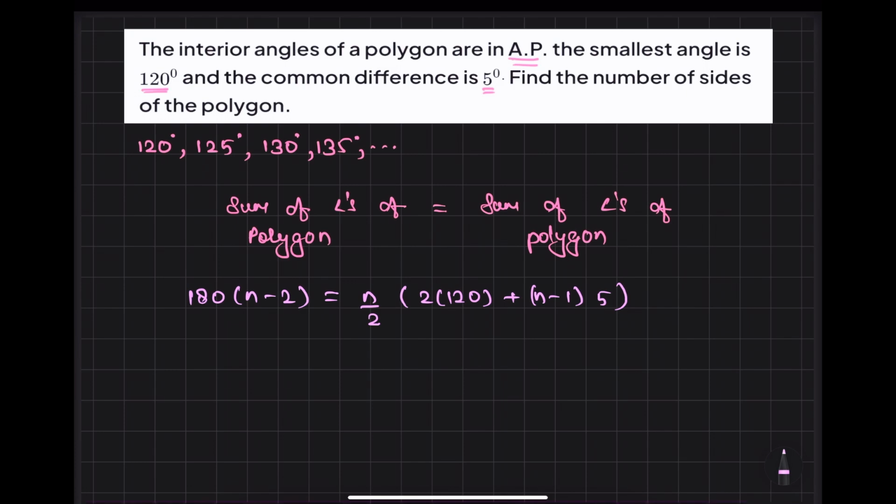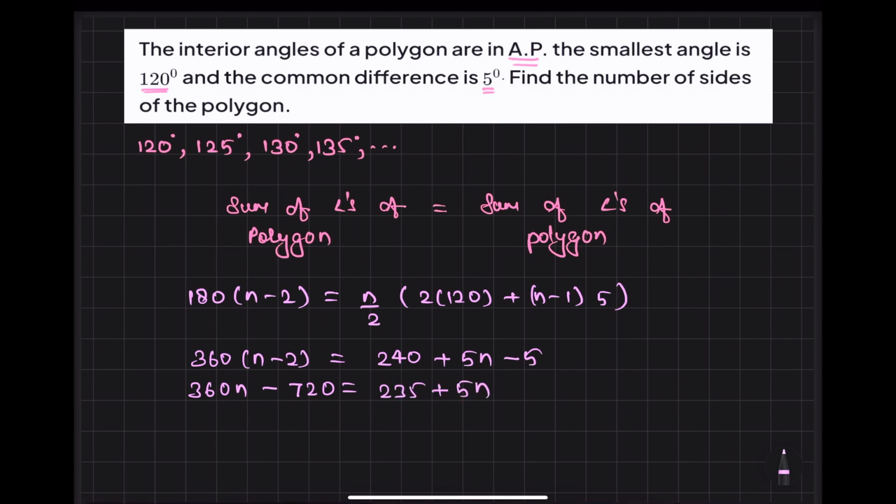We will multiply both sides by 2, so it will become 360 into n minus 2, and it will become 240 plus 5n minus 5, correct? Now, it is 360n minus 720, and this thing will come this side, so it will become 235 plus 5n. Okay, I hope till this part you guys are okay.